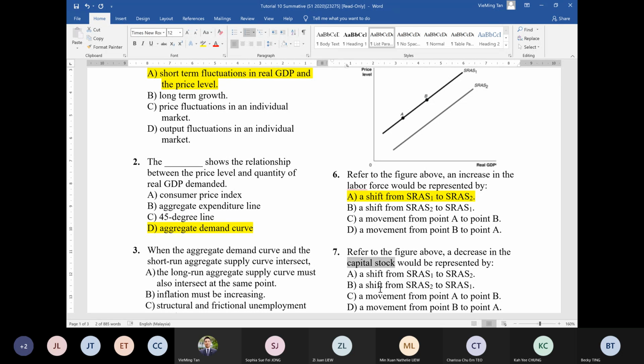If the machines required to produce the product are reducing, what is going to happen? Capital is one of the factors of production. So now the quantity of factors of production is reducing. So what is going to happen? Shift from SRAS1 to SRAS2.